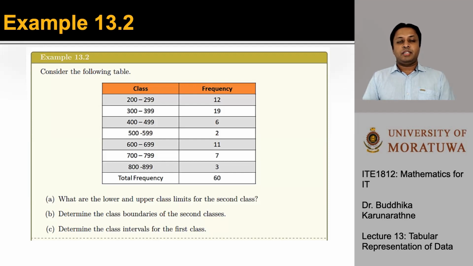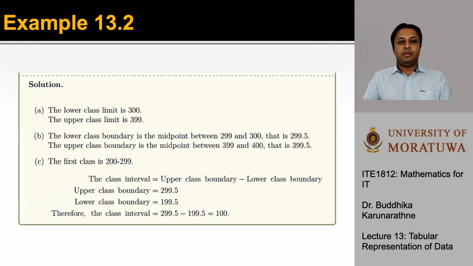You are asked some questions from this data set. First question: what are the lower and upper class limits for the second class? Part B: determine the class boundaries of the second class. Part C: determine the class interval for the first class. Let's take them one by one and try to answer.